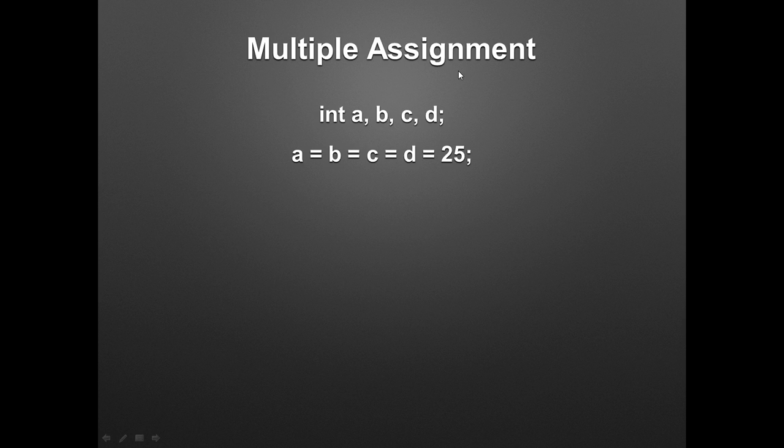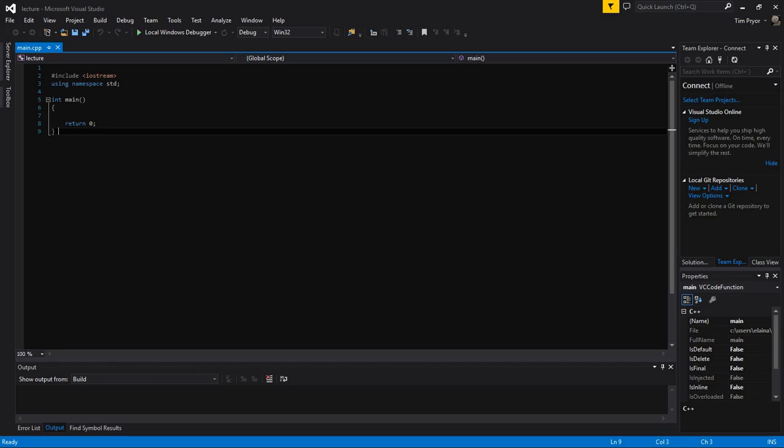So for multiple assignment, when you create your variables, you can actually assign the variables to each other, or you can assign a lot of them inside of one declaration. You can declare an int, and on that same line you can declare multiple versions of that data type.